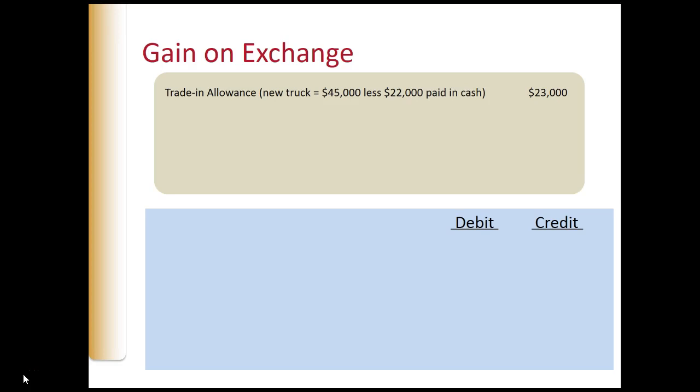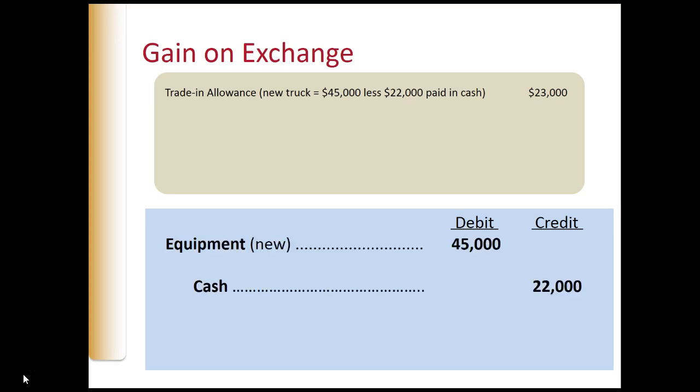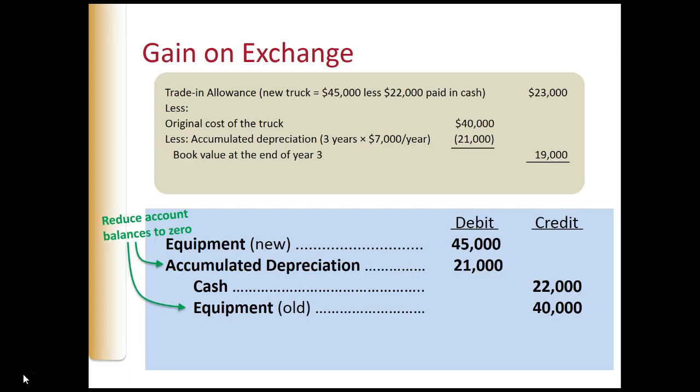Now, let's assume that Little King exchanges the delivery truck at the end of year 3 for a new truck valued at $45,000. The dealership gives Little King a trade-in allowance of $23,000 on the exchange, with the remaining $22,000 paid in cash.